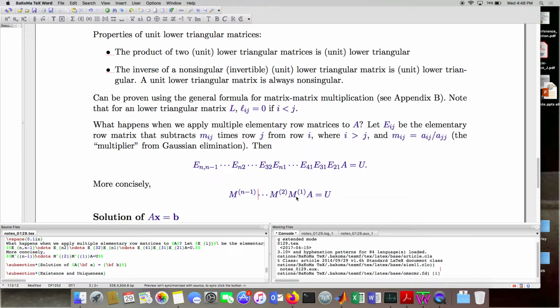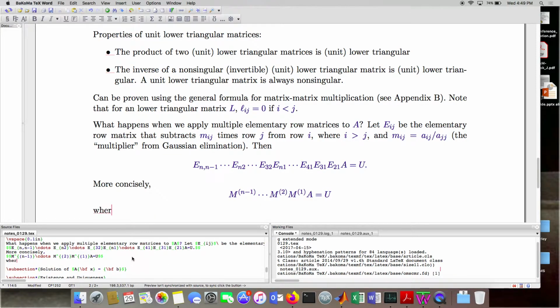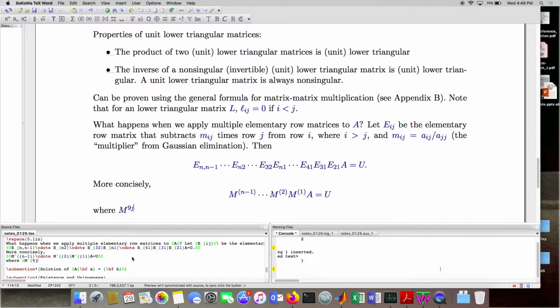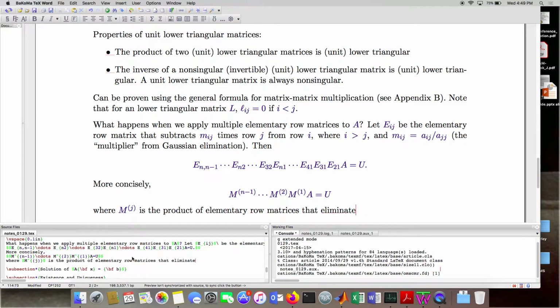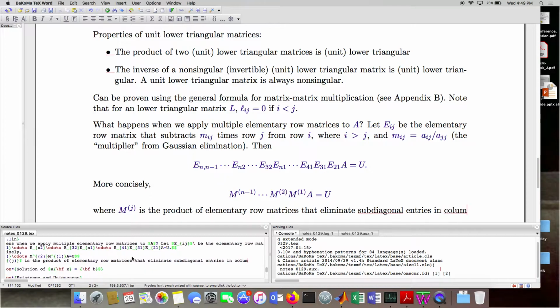So I describe this in terms of these n minus 1 matrices multiplying A, where Mj is the matrix that is the product of elementary row matrices that eliminate subdiagonal entries in column j.